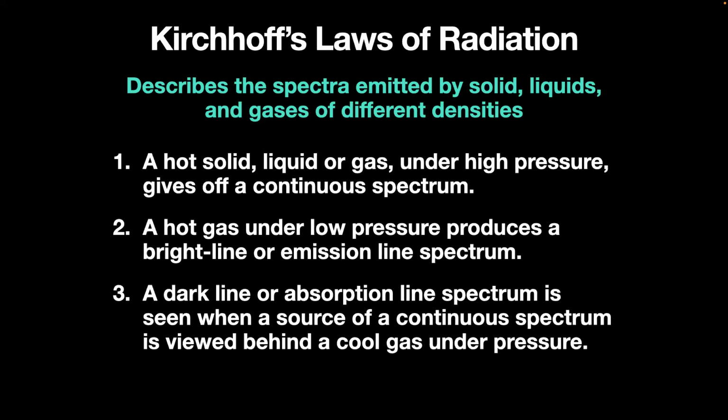An excited, low-density gas, like what you might find in a neon tube, will emit light at specific wavelengths and produce an emission spectra. And another possibility is that light from a continuous spectra will pass through a cold, low-density gas. That low-density gas would absorb at discrete wavelengths, and you would get an absorption spectra. We saw examples of this in the last lecture.